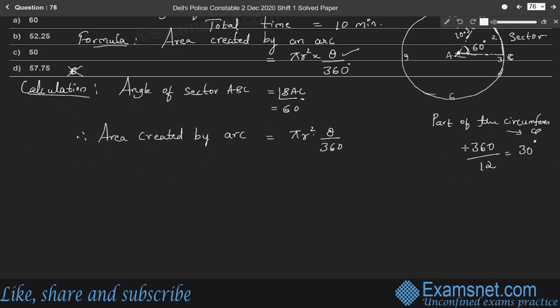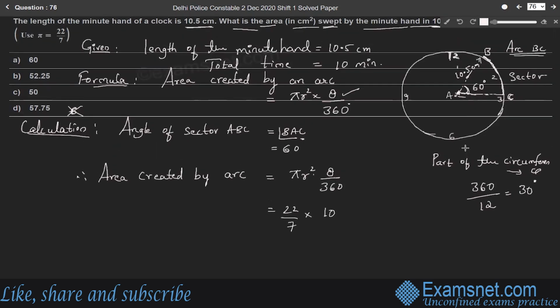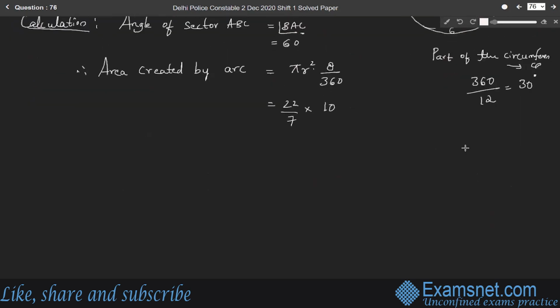So substitute the values. 22 by 7. R is the radius. What is the radius? The length of the minute hand, which is 10.5, right? So 10.5 into 10.5. Theta is 60 degree by 360, right?